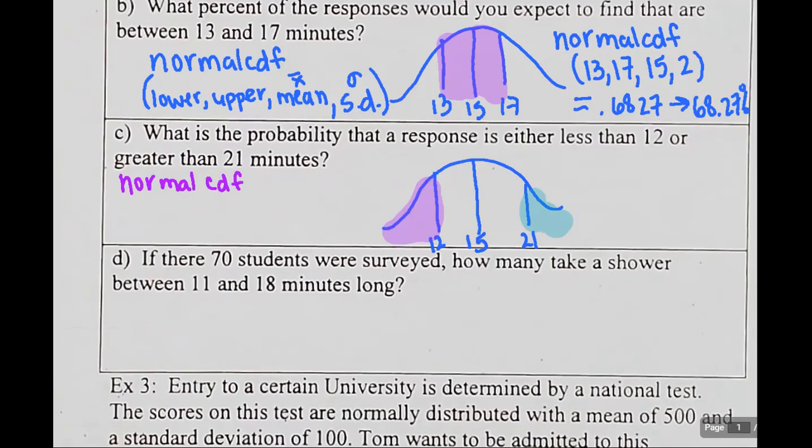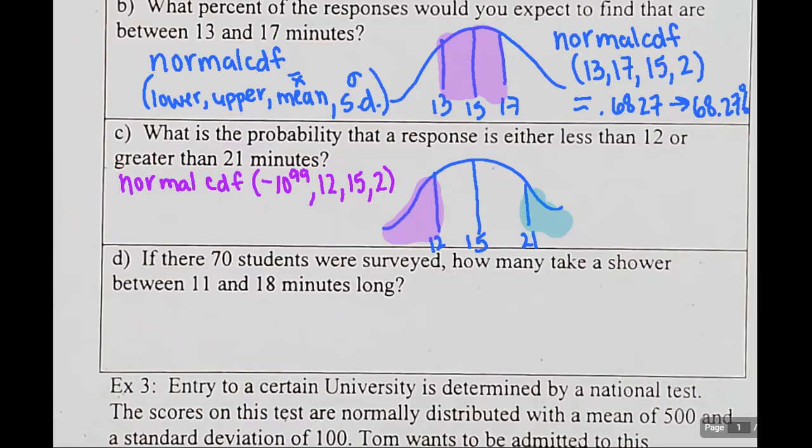My lower bound is going to be negative infinity, because I'm going from negative infinity up to 12. But I can't put in negative infinity, so I'm going to type in negative 10 to the 99. That is negative infinity. My upper bound is going to be 12. My mean was 15 and my standard deviation still 2.